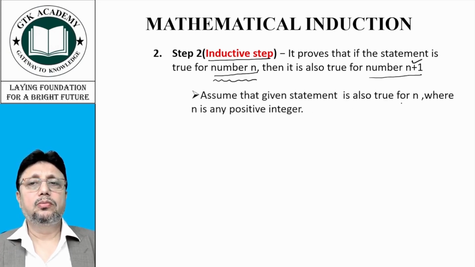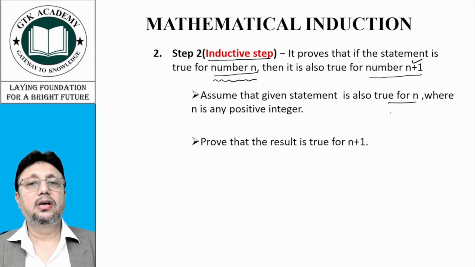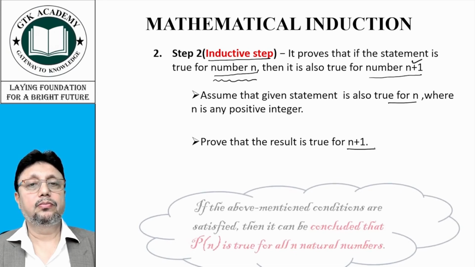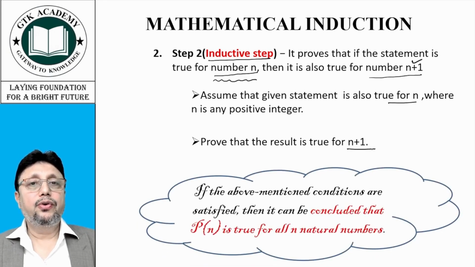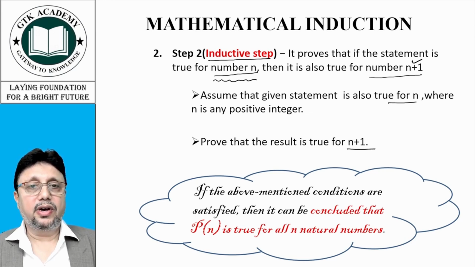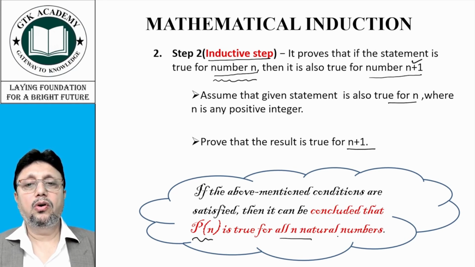Initially we assume that the statement is true for n, where n is any positive integer, and we prove that the result is true for n plus 1 also. If the above conditions are satisfied, meaning both the steps are okay, it is true for the base number, that is 1, and if it is true for n, it is also true for n plus 1. That means the statement Pn is true for all natural numbers.